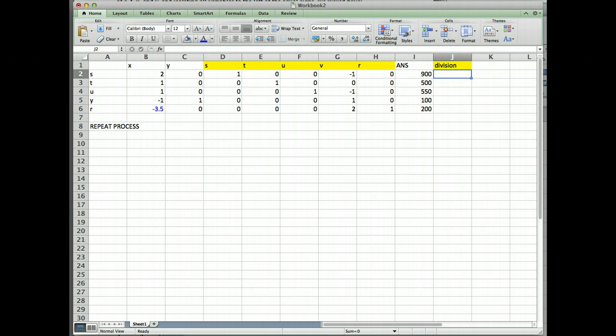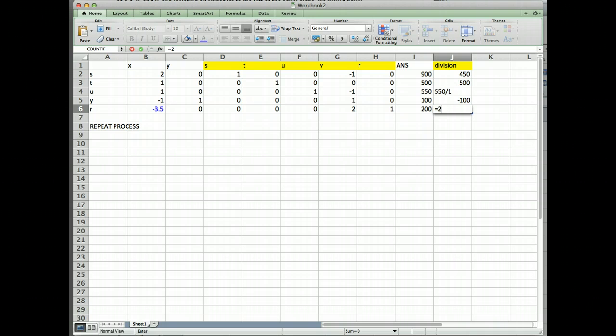Then I did some division to try and figure out which one was my pivot element, or which one I wanted to keep. And what we divided was the answer, or the solution, by the column. So 900 divided by 2. 500 divided by 1. 550 divided by 1. 100 divided by negative 1.